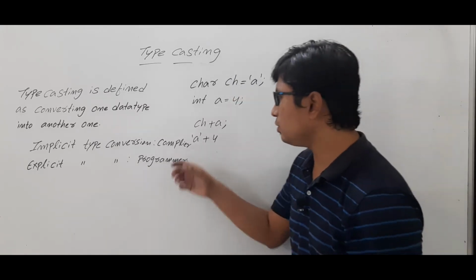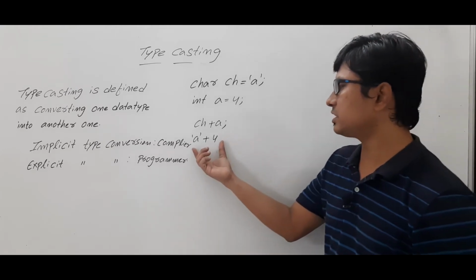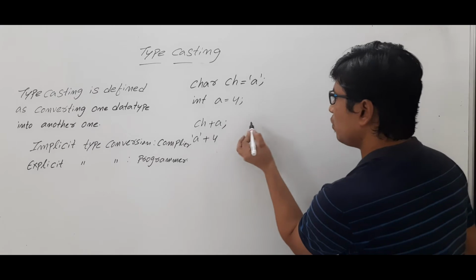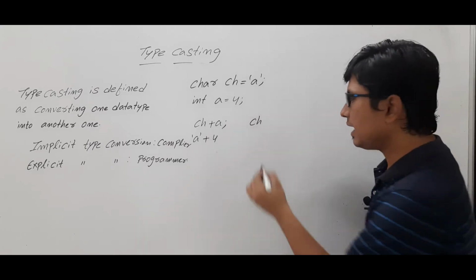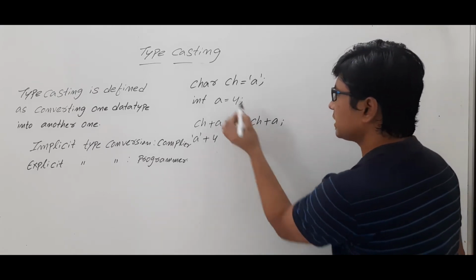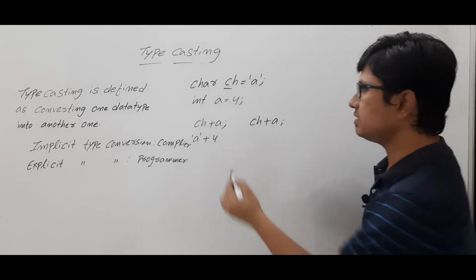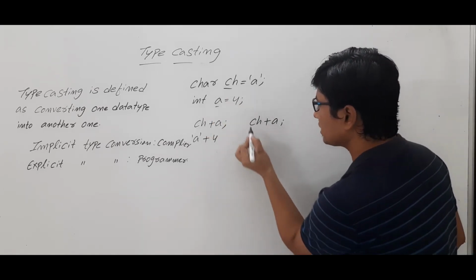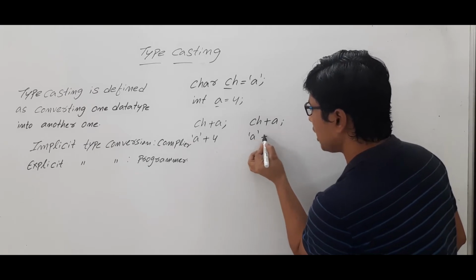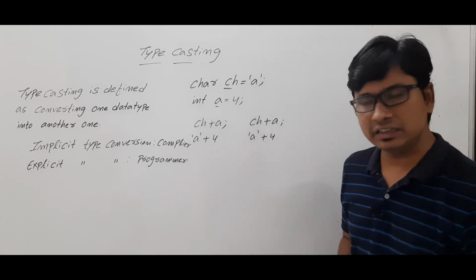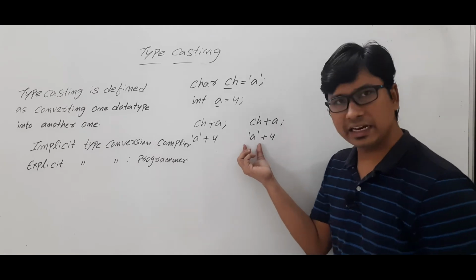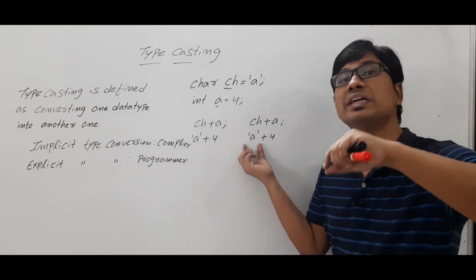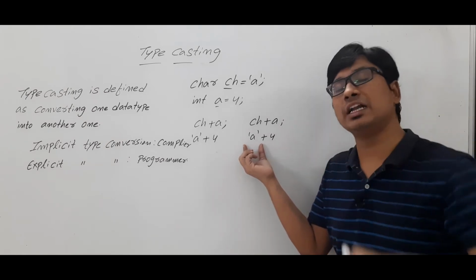Okay. So what is meant by implicit type conversion and how will it work? Now look at this one. One is a character variable and the other is an integer variable, because this is char ch and this is int a. Then you have the character a here and you have a constant 4. In this case, the character data type will be converted to an integer data type and then the arithmetic operation will be performed.